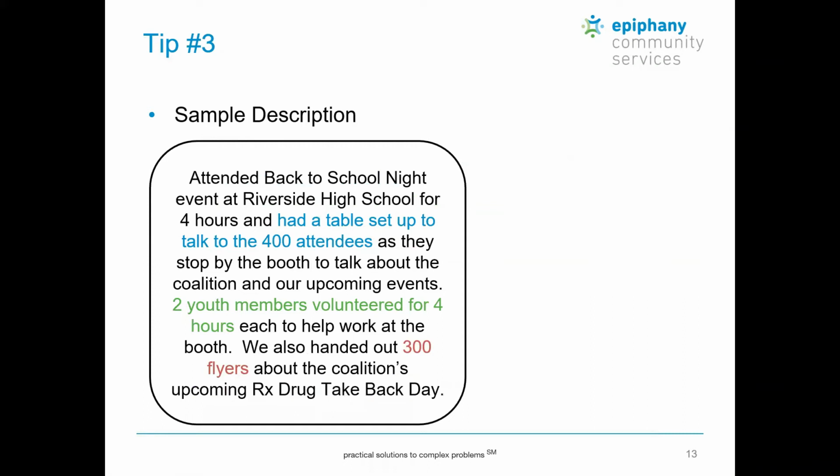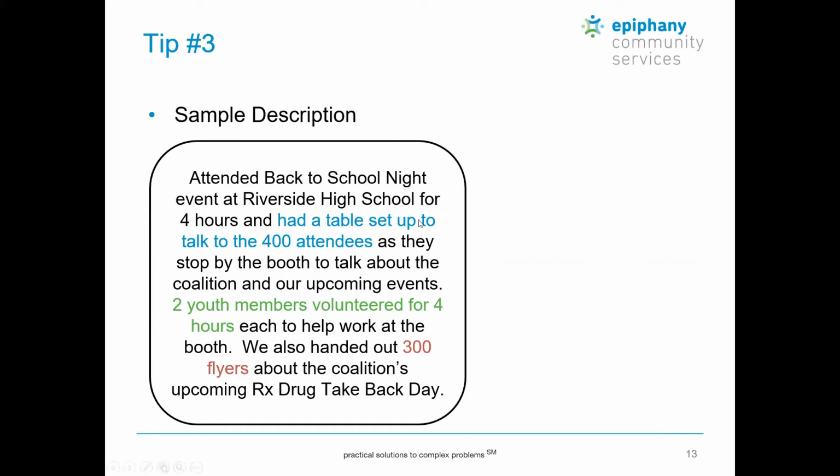While we were there, we had a table set up to talk to the 40 attendees as they stopped by our booth to talk about some of our different events coming up or how to get involved with the coalition, which was great. We also had 2 youth members, current members, volunteer to help man the booth and work at the table and talk to people. And then we also handed out 300 flyers about the coalition's upcoming prescription drug take-back day while we were there.